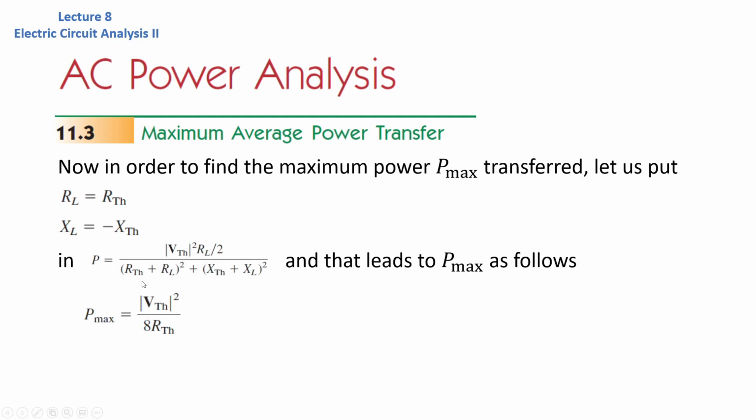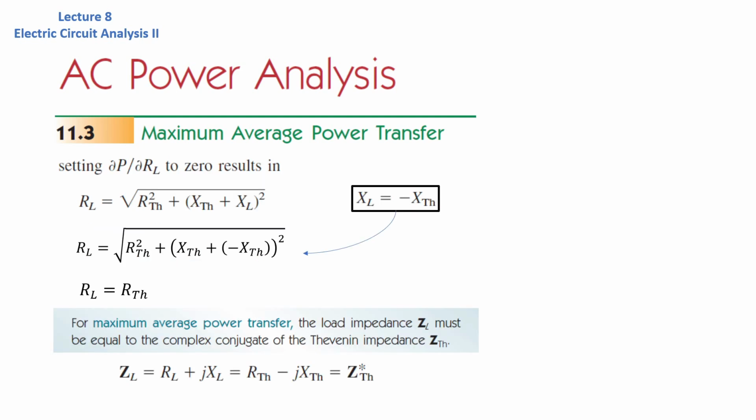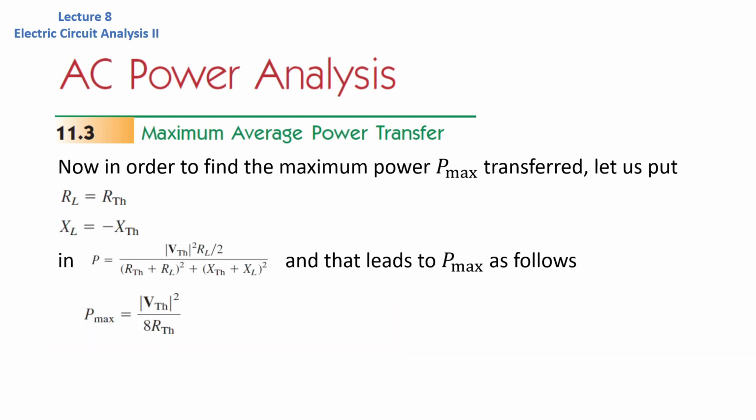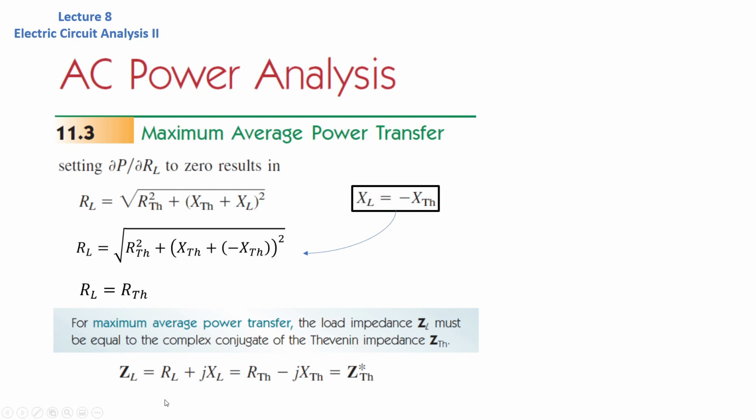Once we have these conditions, we can then move to find the maximum power delivered by the AC circuit to the load. In this lecture up till now, we have found the conditions which allow us to deliver maximum power to the load.